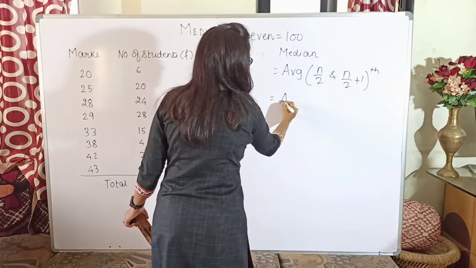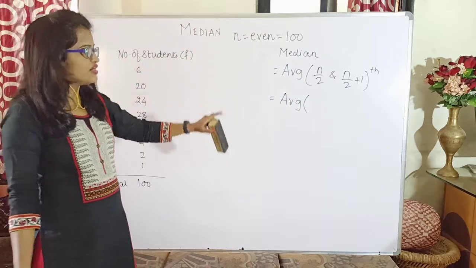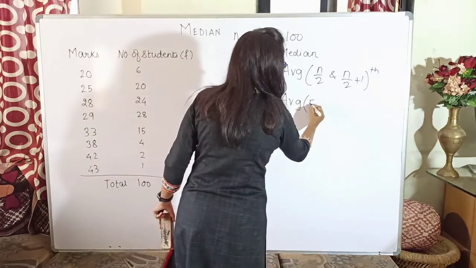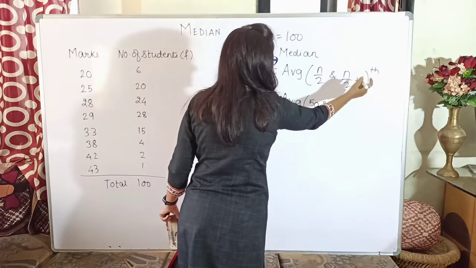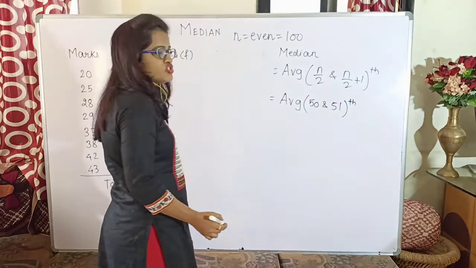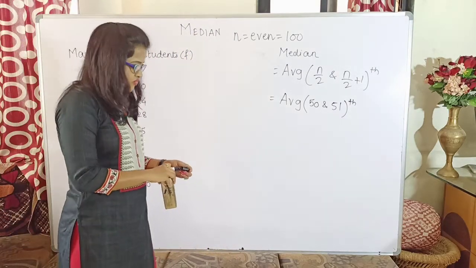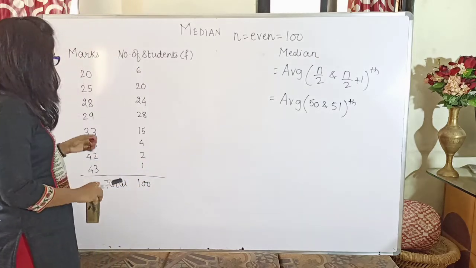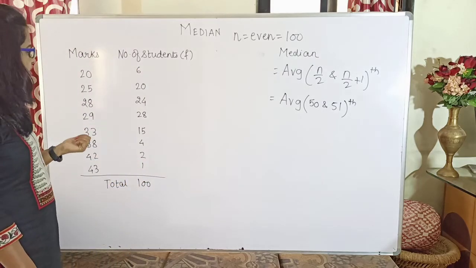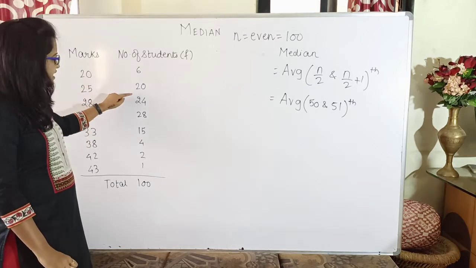It means it will be the average of, what is my n? My n is 100. So 100 by 2 will give me 50, and just add 1 to it, that is 51. So you have to take the average of the 50th and 51st position values. Now, how will I know which value is the 50th value? Definitely you will go on adding the frequencies.